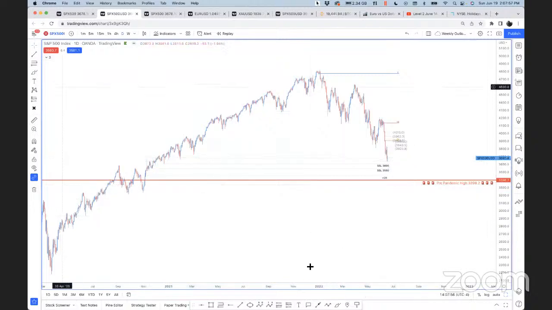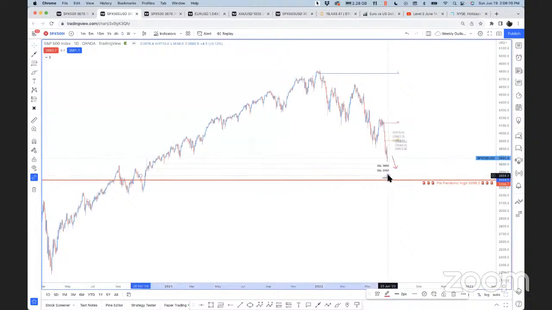Those two areas are what I think we target next week. If we go any further, we got this order block and this pandemic high.